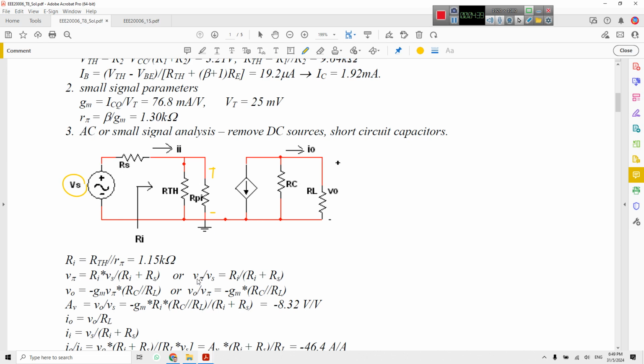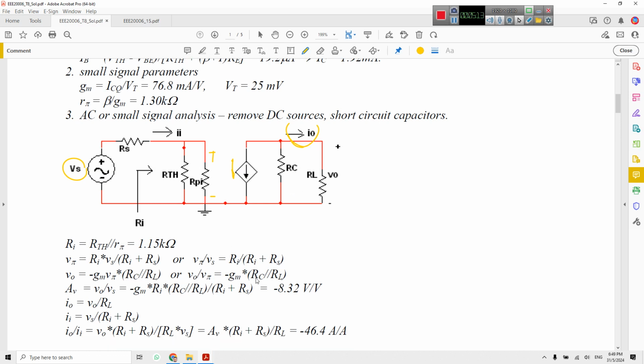It's very clear, I think. Then we can find V pi over Vs and V out, which is minus GM times V pi, the minus being because of the direction of the current, times RC parallel with RL. So V out and V pi can be calculated here.